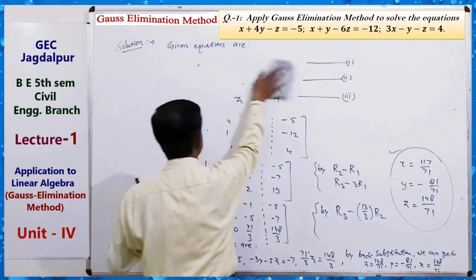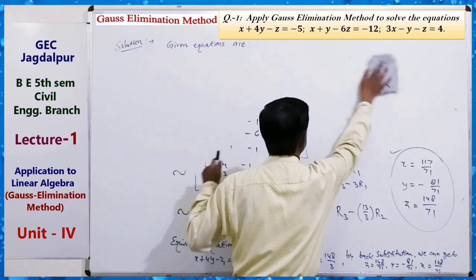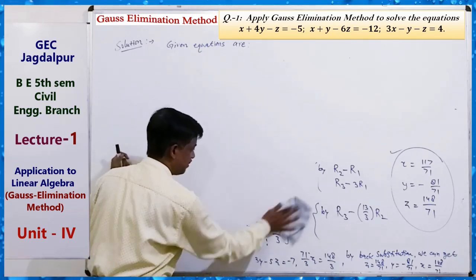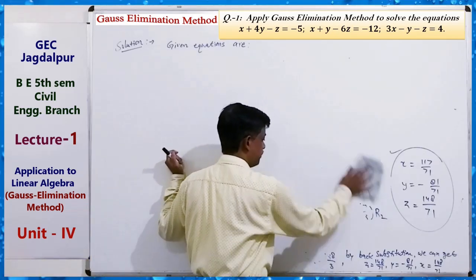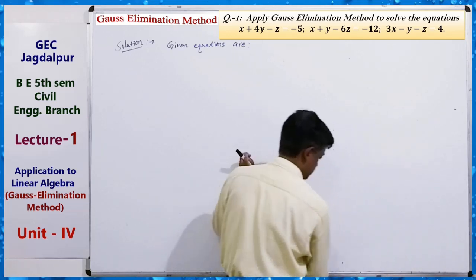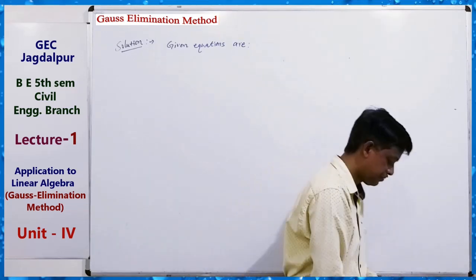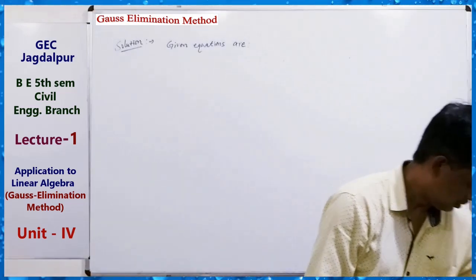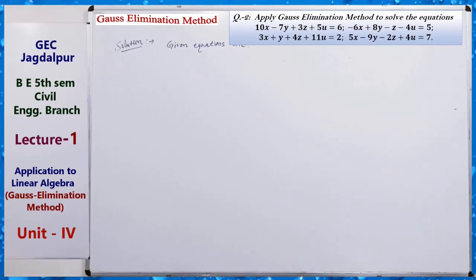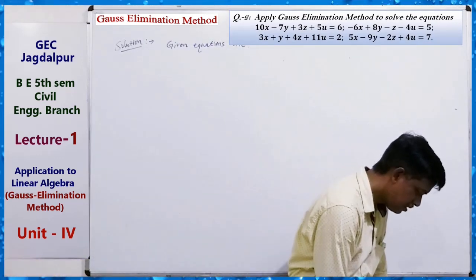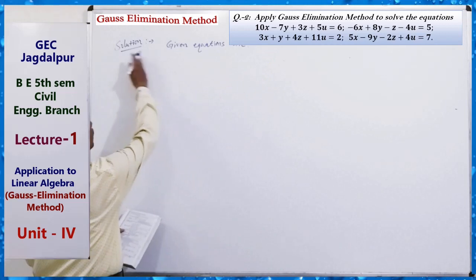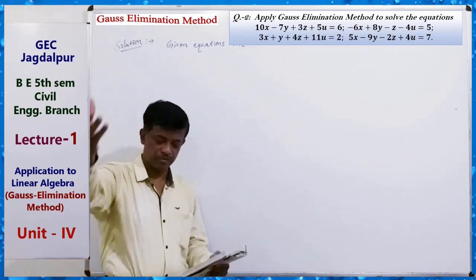Now for understanding, take a second question involving 4 variables, 4 unknowns. Solve by the Gauss elimination method.